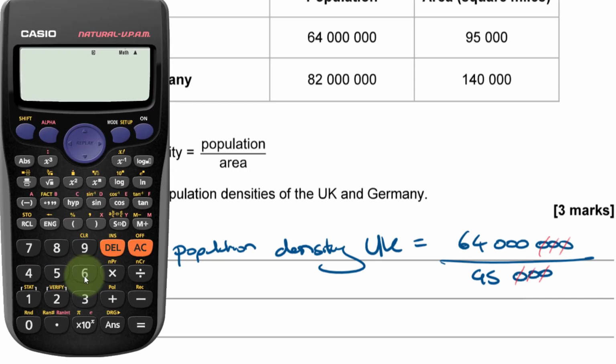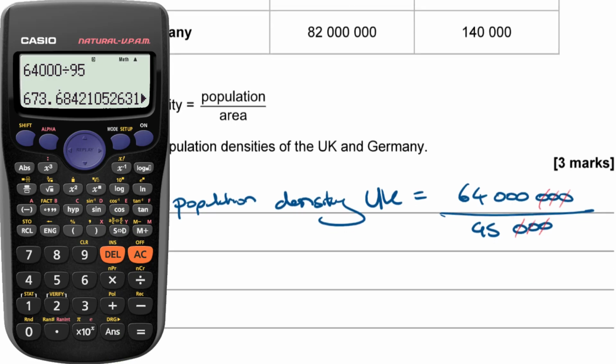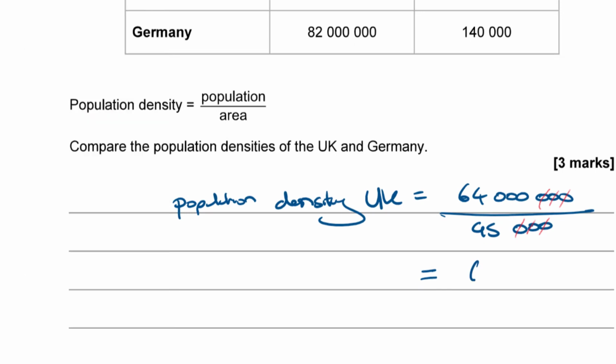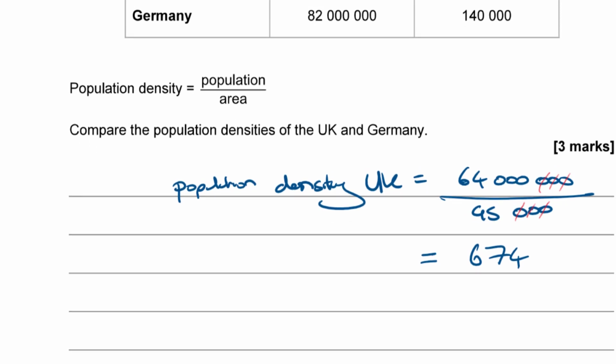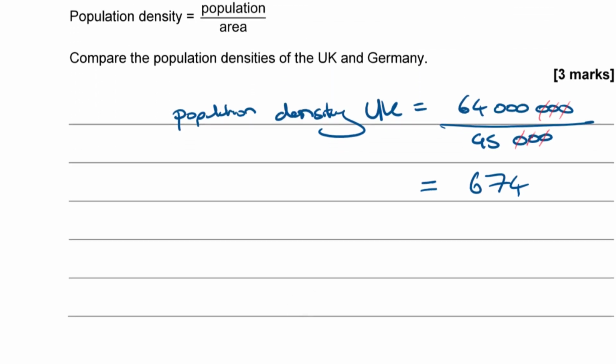So 64,000 divided by 95 comes out to be 673 and change. So let's just round that off to three significant figures. Let's call that 674. I suppose that's people per square mile, isn't it? 674 people per square mile.